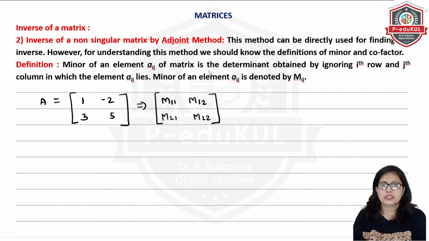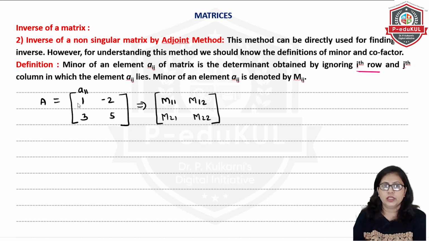Now let us revise the definition once again. Minor of an element Aij of a matrix is the determinant obtained by ignoring ith row and jth column in which the element Aij lies. Now this is my A11, and what they are saying is ignore ith row.